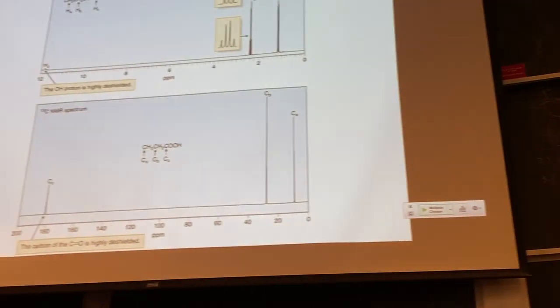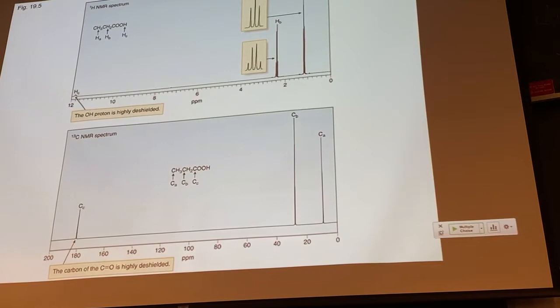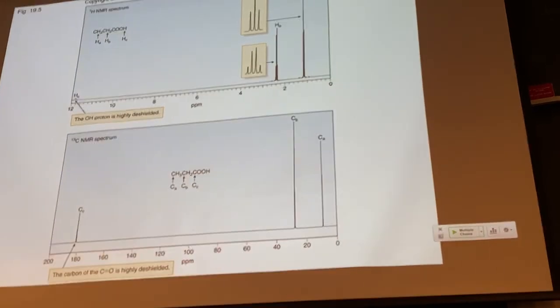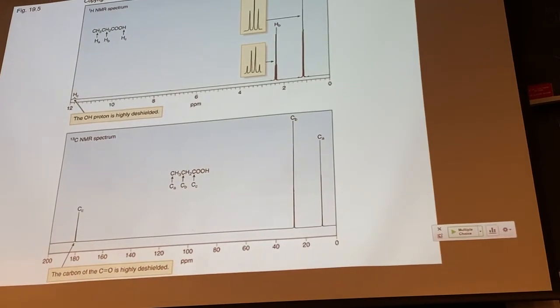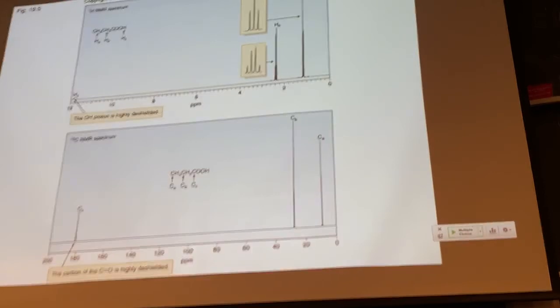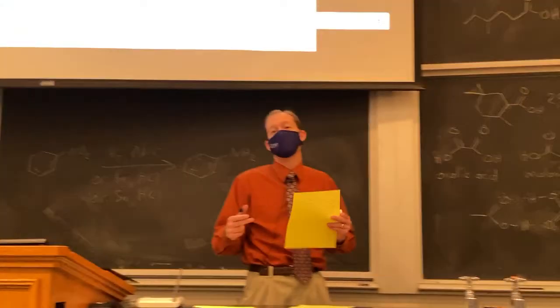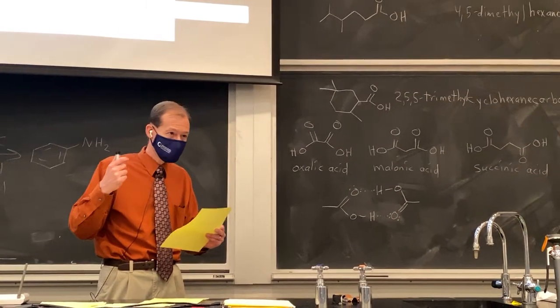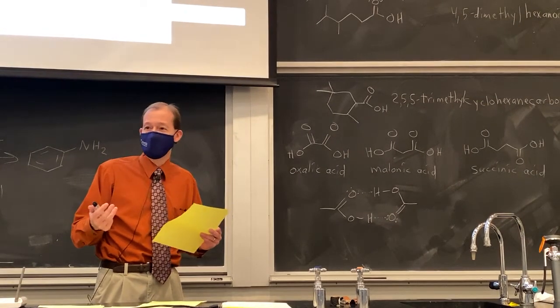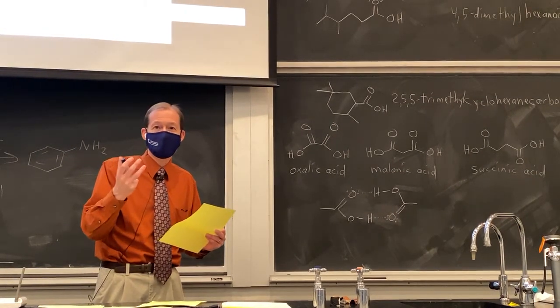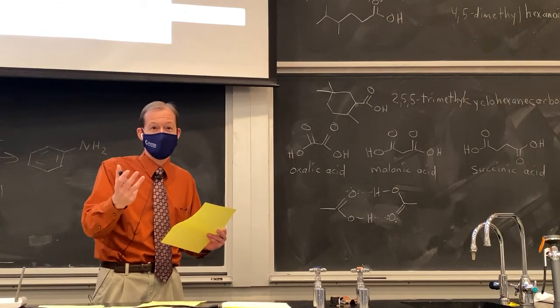So if we want to account for the extreme deshielding, we have to consider the impact of hydrogen bonding. Now, if you look at the hydrogen bond, initially you probably think that's going to be a shielding effect because we're bringing the electrons of the carbonyl group closer to the proton. That's going to shield it. But we have to recognize there's only so much attractive power to electrons that one proton has.